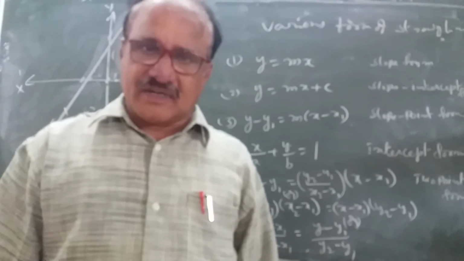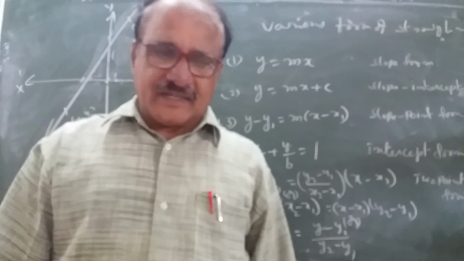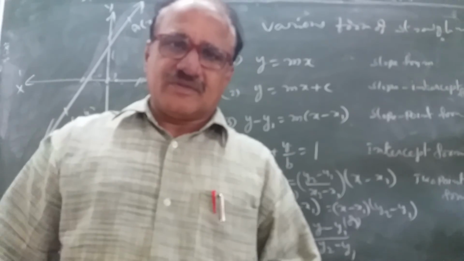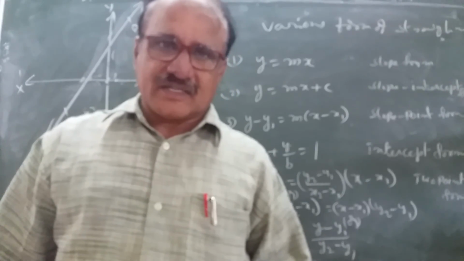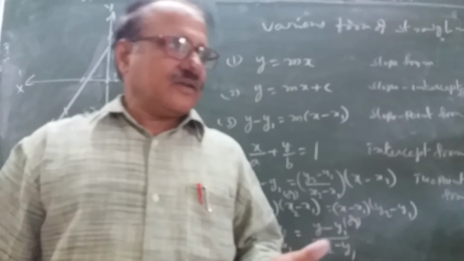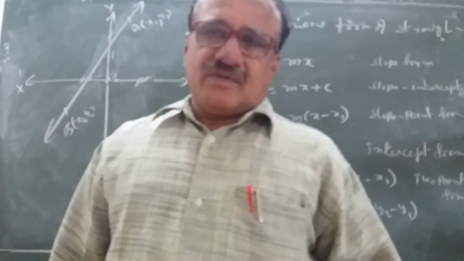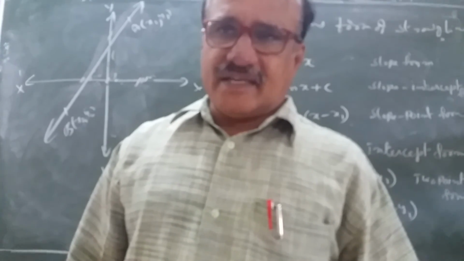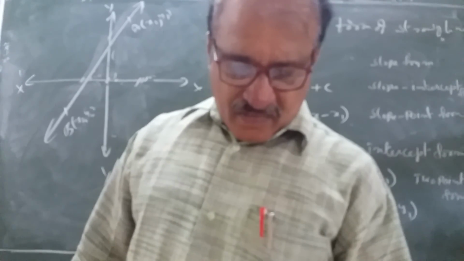By using any one of these forms we can find the equation of any straight line which is passing through A (x1, y1) and B (x2, y2). Already you know well from previous classes, that is in 10th class, 9th class also.